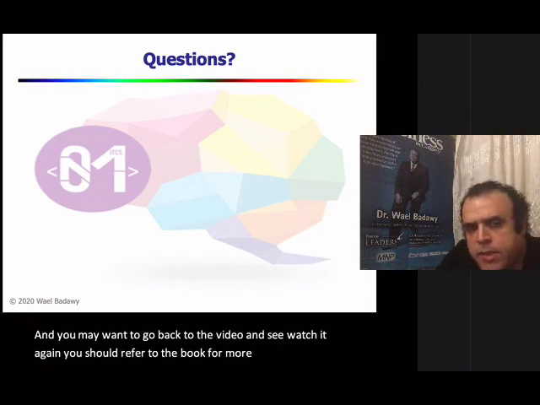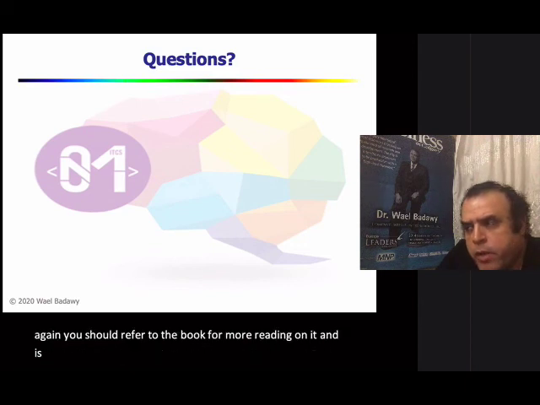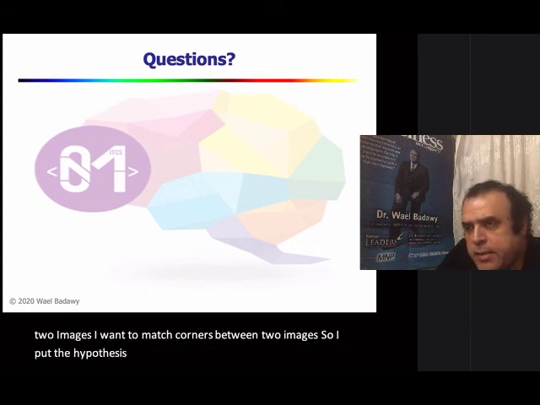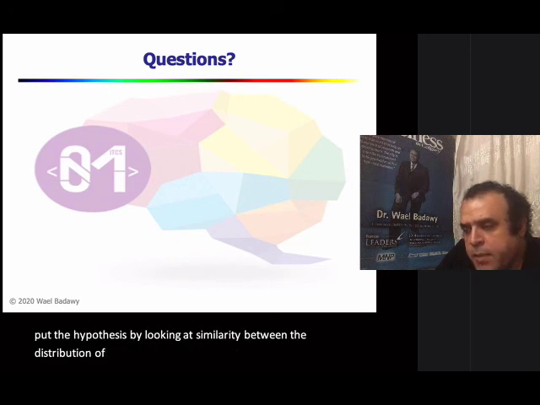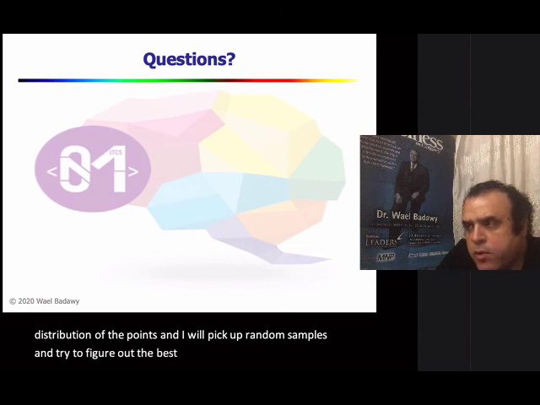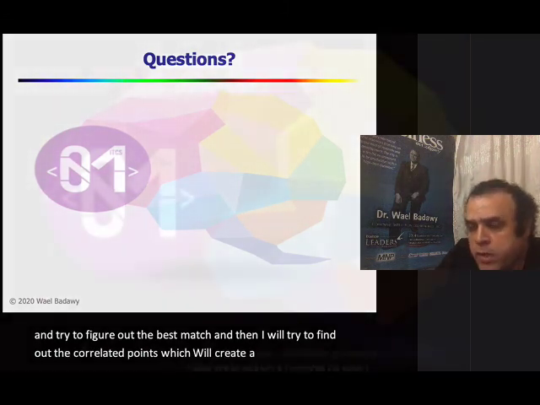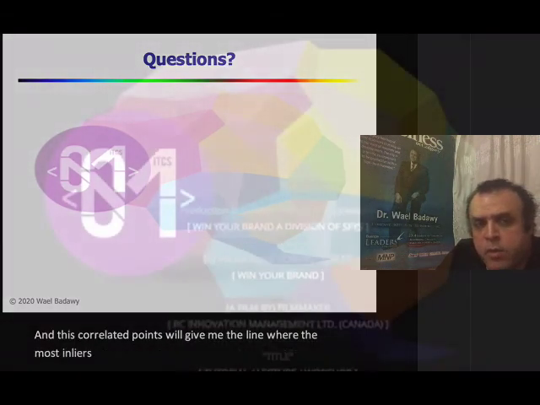Basically, I will have 2 images and I want to match corners between them, so I form a hypothesis by looking at the similarity between the distribution of the points, and I pick random samples and try to figure out the best match. Then I try to find the correlated points, which will create a line, and these correlated points will give me the line where the most inliers are and the outliers are very few.